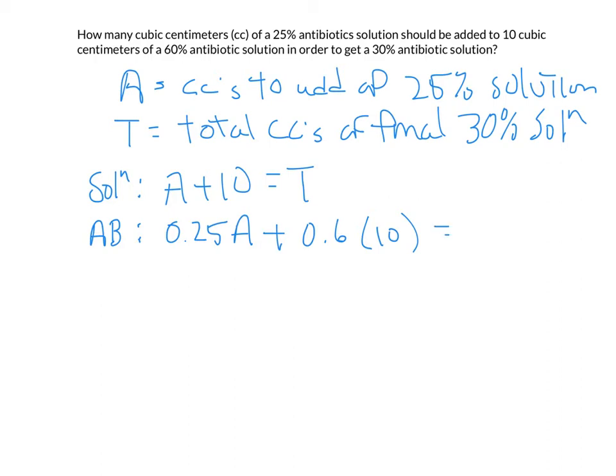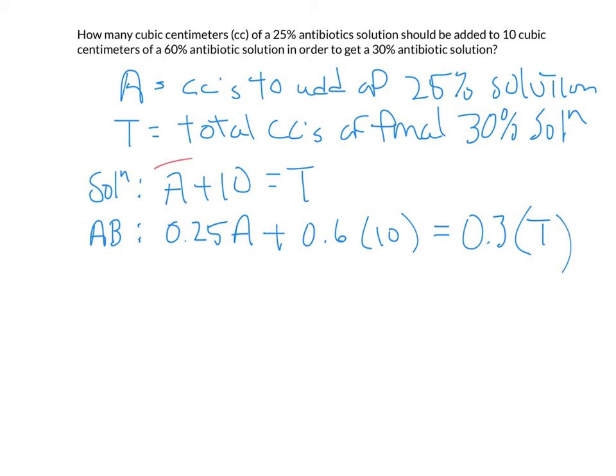And so that's going to give us how much antibiotic material was actually there. Since no antibiotic is either getting created or lost, we just have it in our mixture, the amount that's in there to begin with plus the amount we add should be the amount that's in there at the end in our total solution. So that's going to be 30%, so we'll make that 0.3 of some total amount of liquid, which we don't know yet.